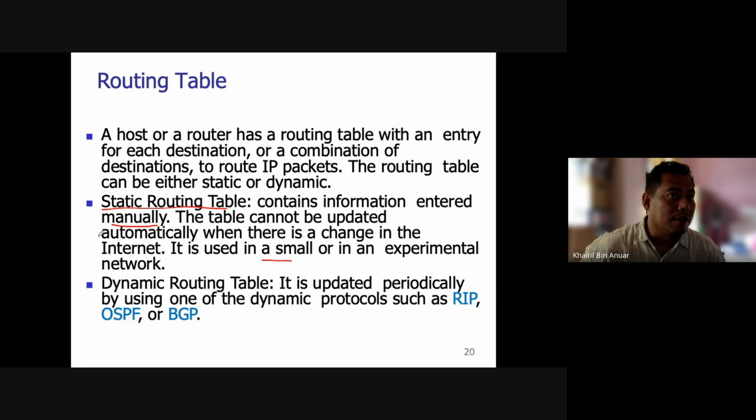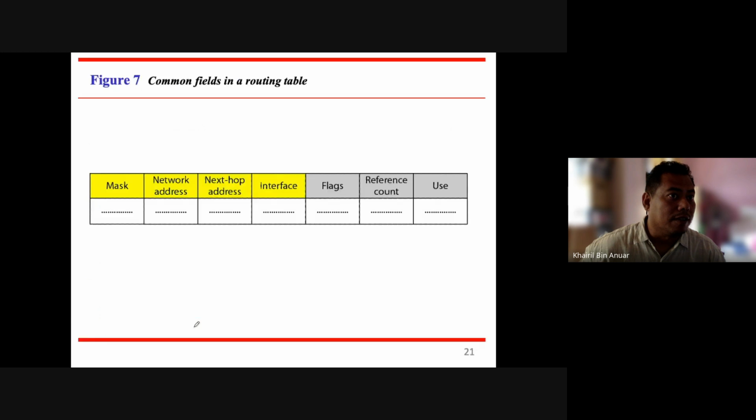So the option you need to use is a dynamic routing table. It is updated periodically using one of the dynamic protocols such as RIP, Routing Information Protocol, OSPF, or BGP. So these are a few of the dynamic routing protocols.